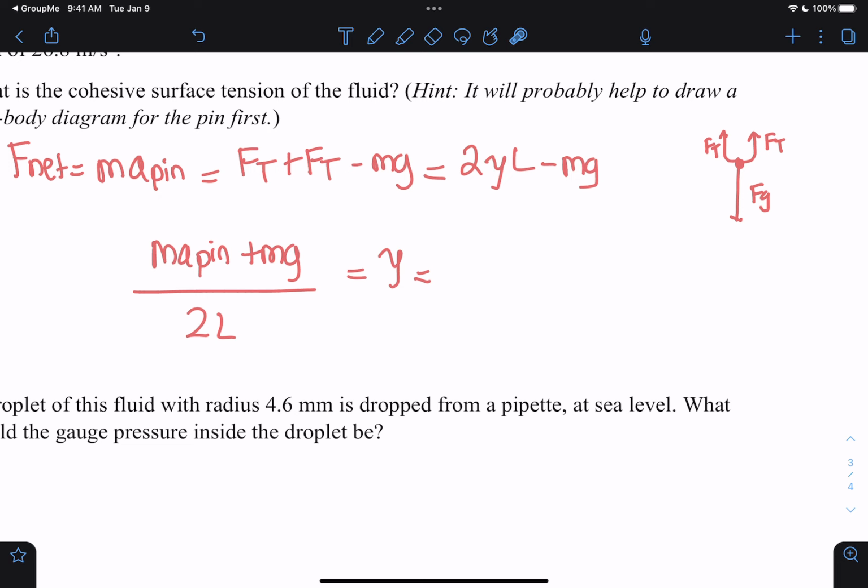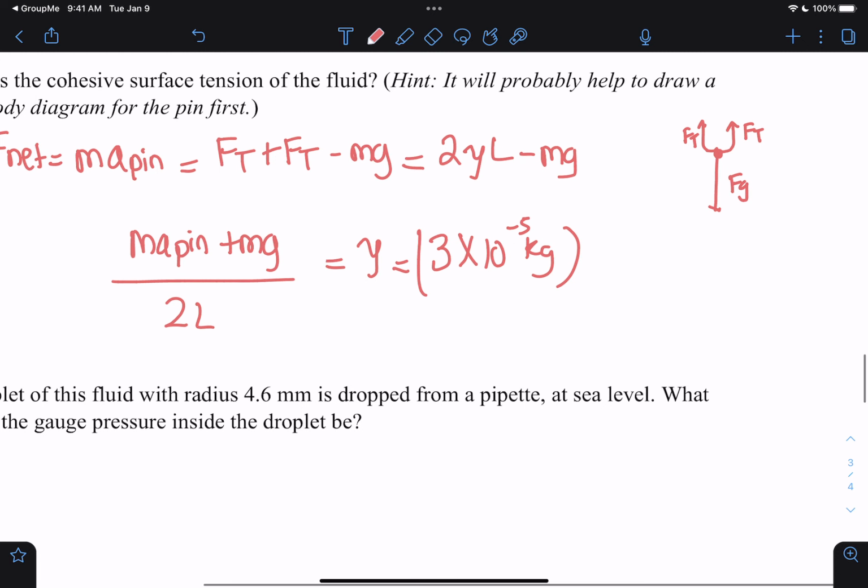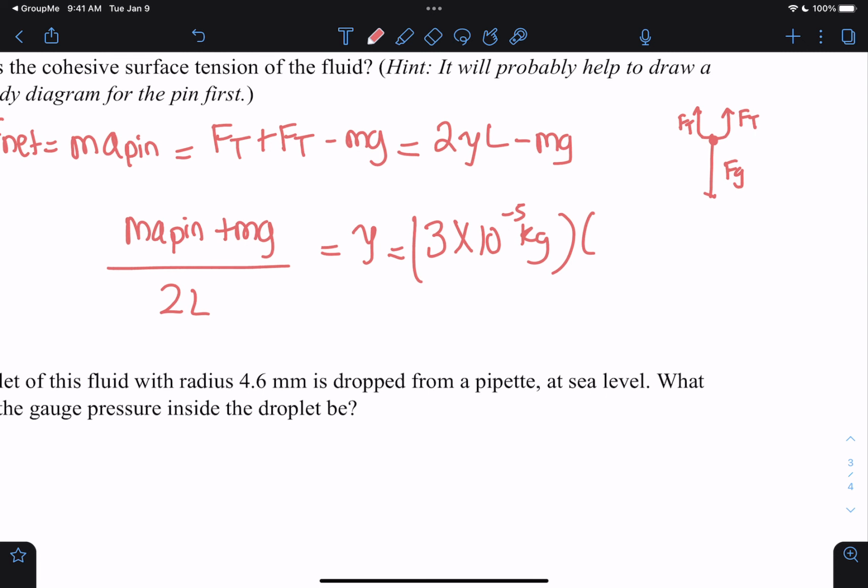But anyway, for the mass of the pin, 30 milligrams, that's 3 times 10 to the negative 5 kilograms. Yeah, it's definitely a throwback to Gen Chem. Multiply by the acceleration that we had, 26.8 meters per second squared.